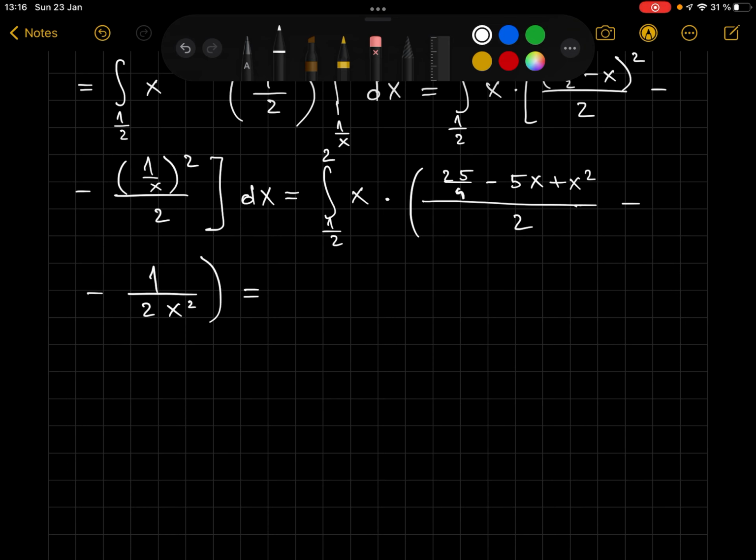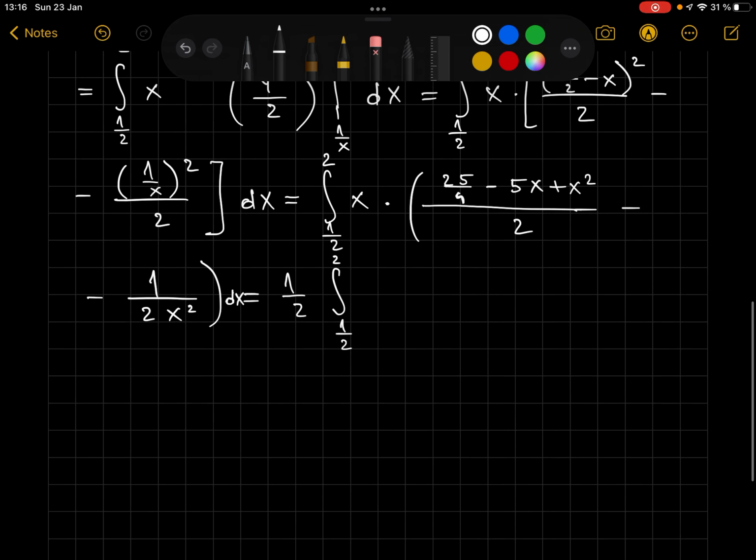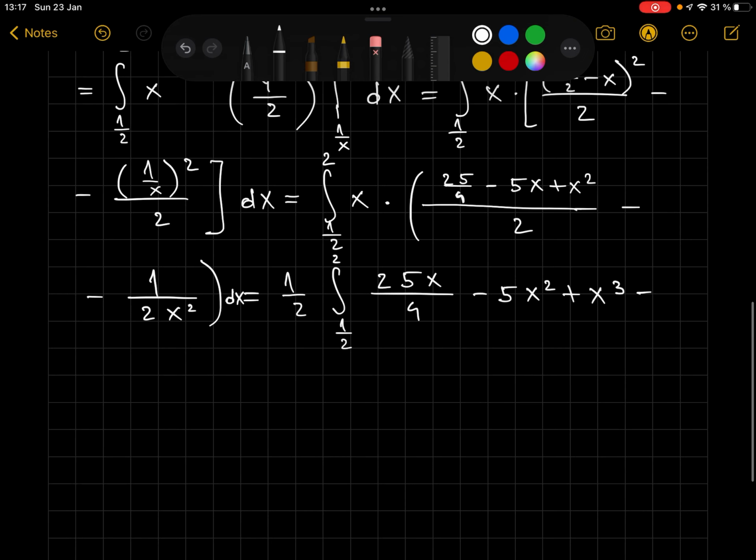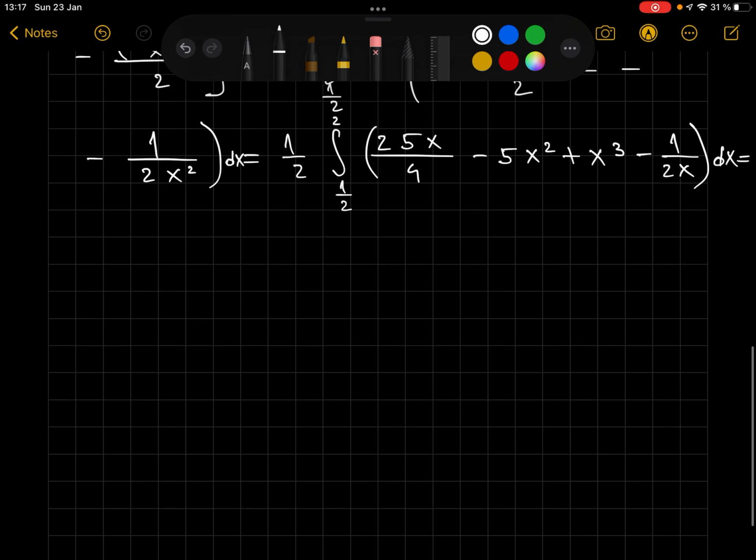Great. So I can pull out this 1/2 in front of the integral since it is a constant, and we're going to be left with the integral as x goes, and of course put the x here, from 1/2 to 2 of x times 25 over 4, which is simply saying 25x over 4 minus 5x squared plus x to the third minus 1 over 2x, and of course times dx.